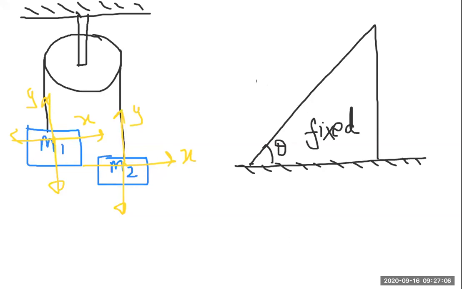And on this inclined plane of angle theta, we have this block. Now what can you tell me about the motion of this block? I release the block. What can you tell me about the motion of this block?